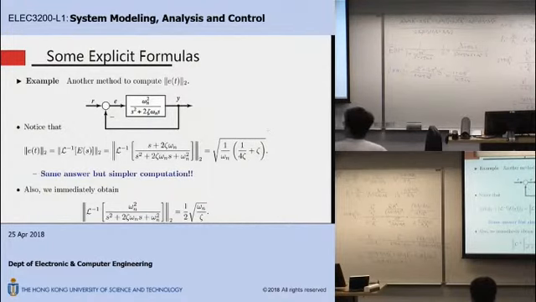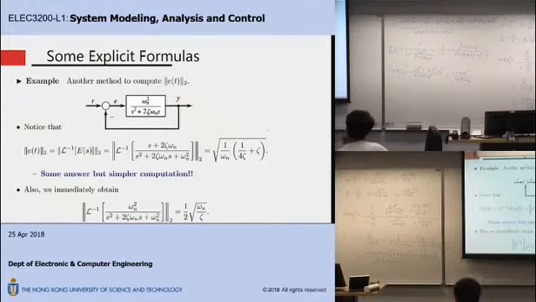So what's the best zeta? If zeta is very small, the damping ratio is very small, this term is very big. Not good. When zeta is big, this term is big, again no good. It must be an intermediate value of zeta which is good.